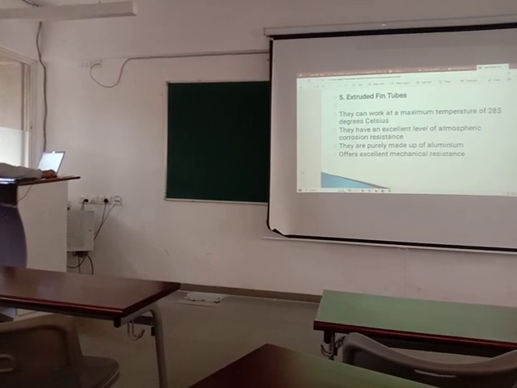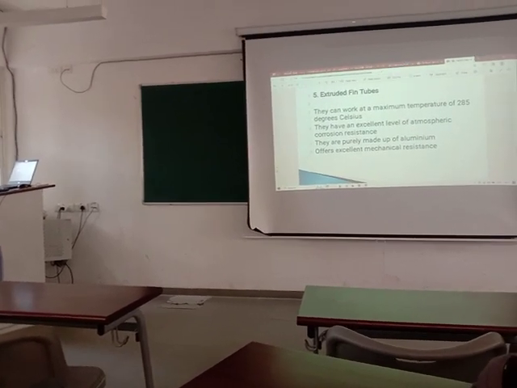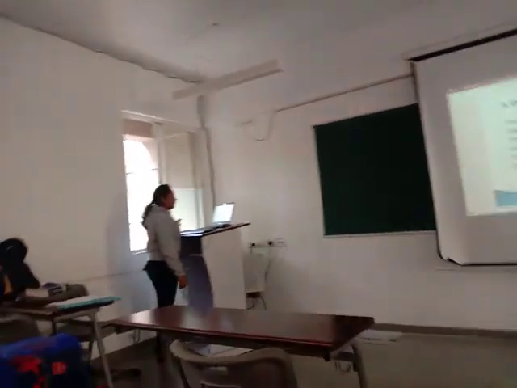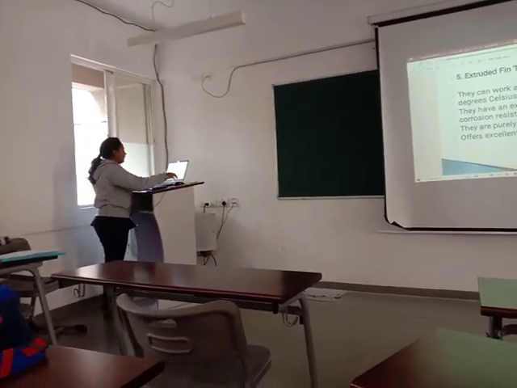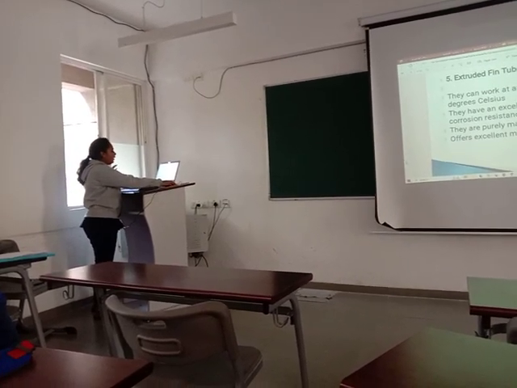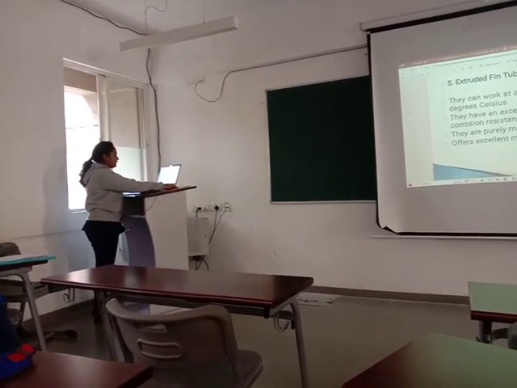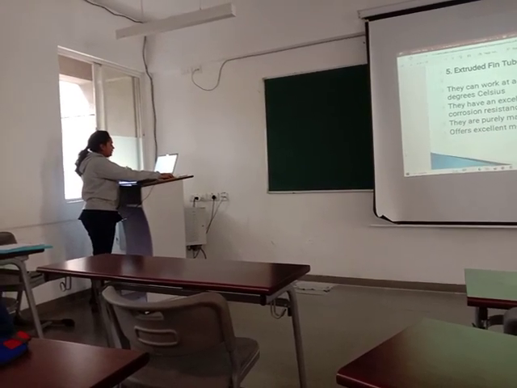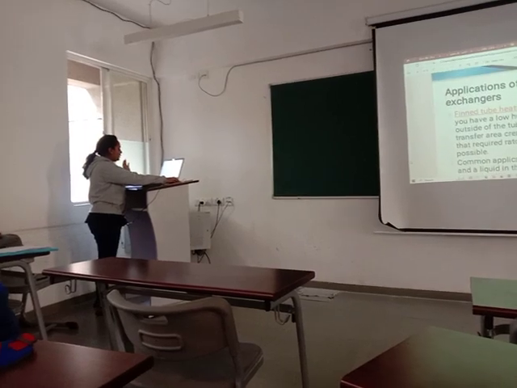And the last one is extruded finned tube. They can work at a maximum temperature of 285 degrees Celsius. They have an excellent level of atmosphere corrosion resistance. They are made up of aluminum and offer excellent mechanical resistance.